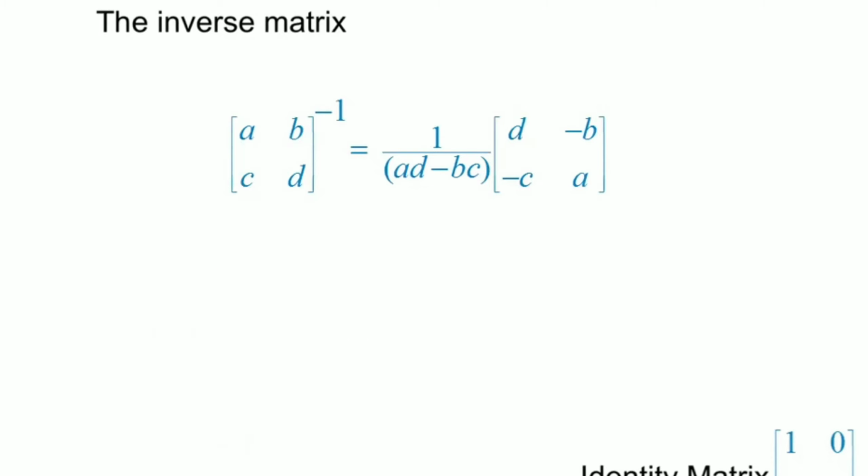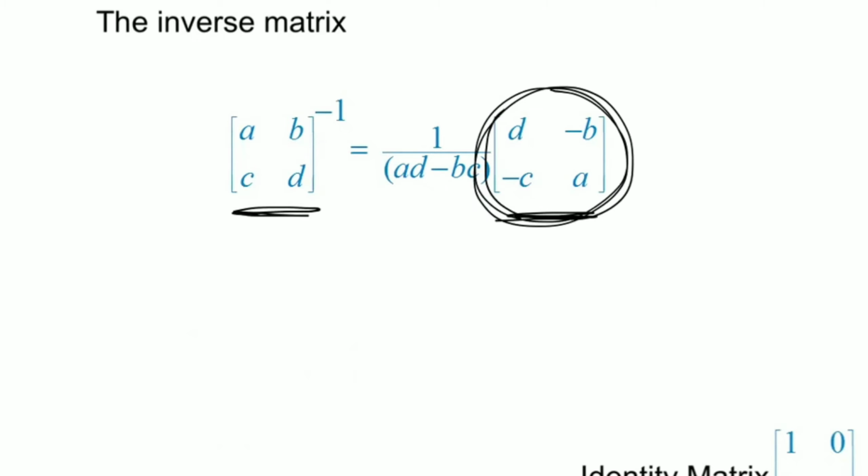Now looking at the inverse matrix here, we'll notice that the inverse matrix is related to the original matrix, but the values in the inverse matrix are rearranged and revalued, and the diagonals once again will play a part in determining how this goes.